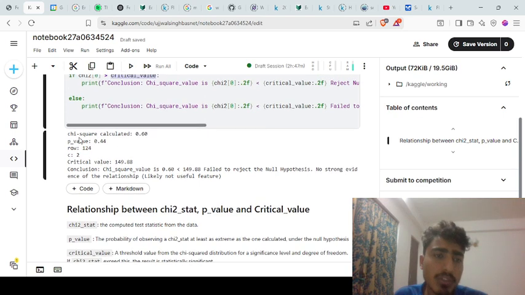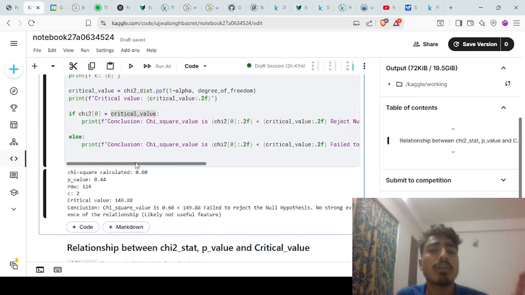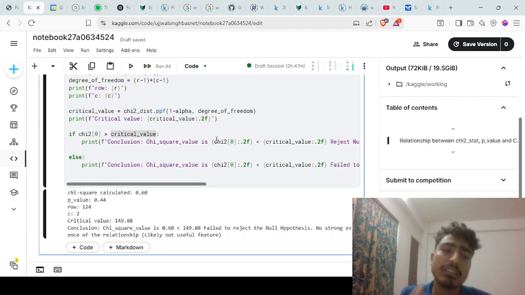In this case, the calculated chi-square is much less than the critical value, so we accept the null hypothesis. That means the feature is not dependent on the target variable. You can see the vast difference between the calculated chi-square and the critical value.